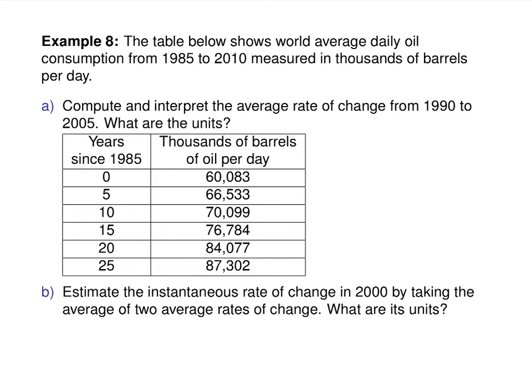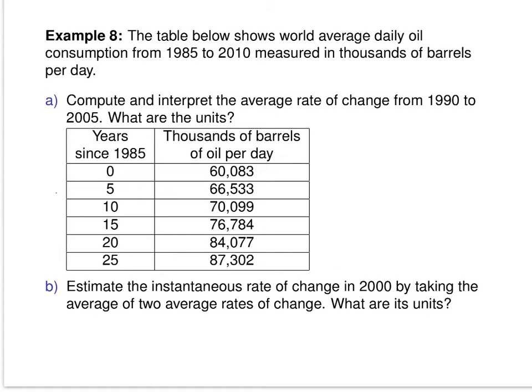What are the units? First of all, which row corresponds to 1990? This one, the second one. Which one corresponds to 2005? I think 20. Do you agree, though? Yeah. Okay.